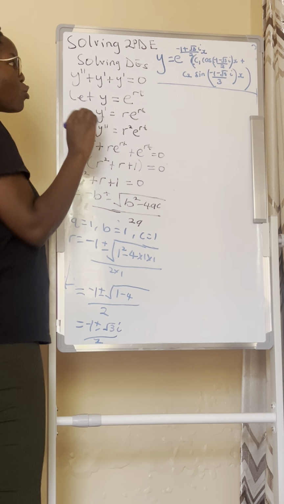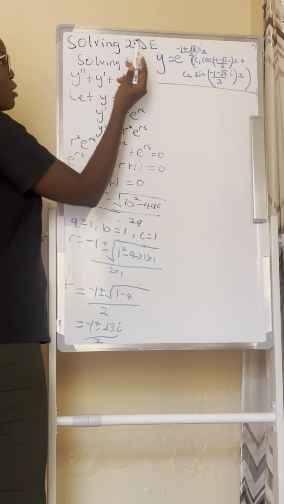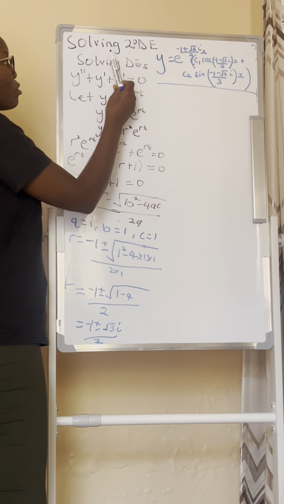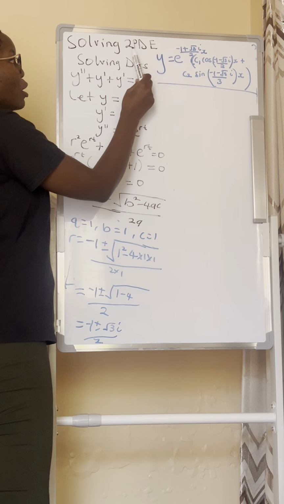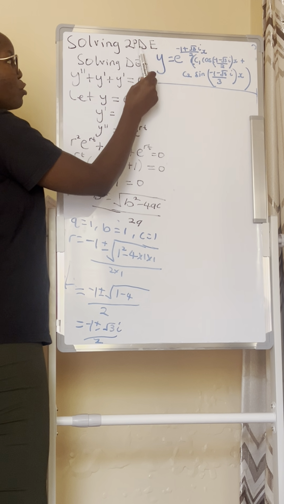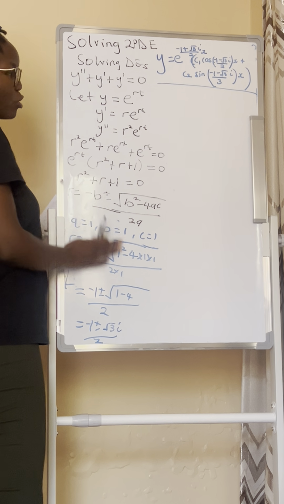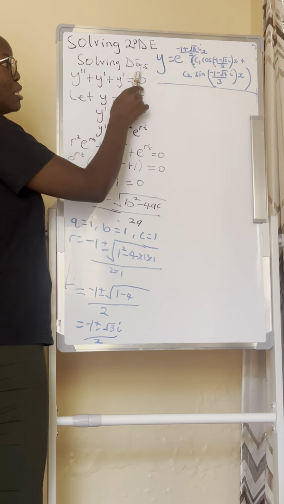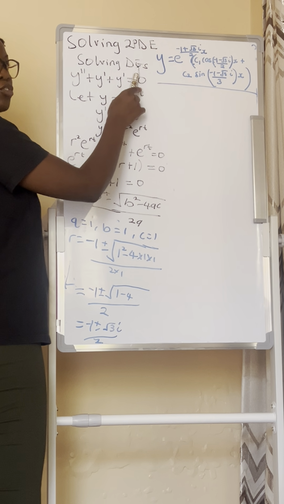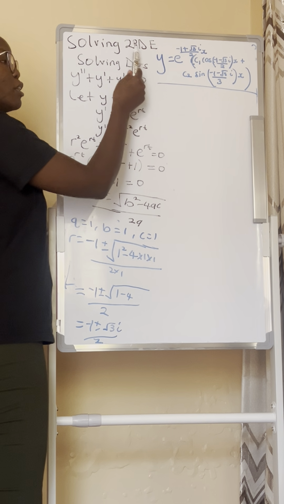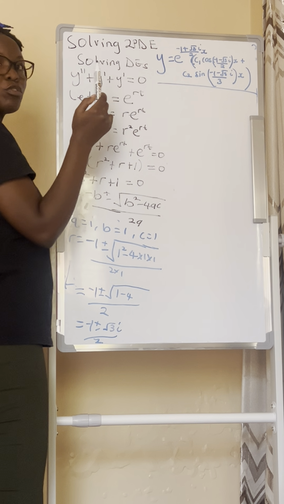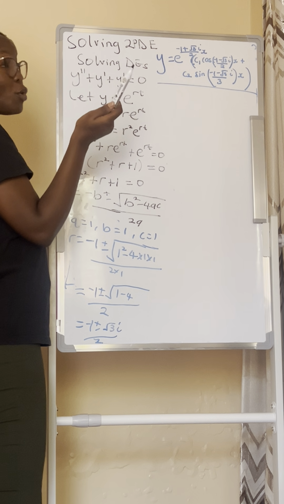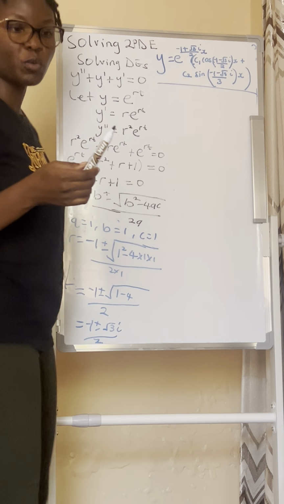So let us now find out how to solve second order partial differential equations. This was just a reminder about how to solve differential equations, which we are going to use in solving our second order partial differential equations.